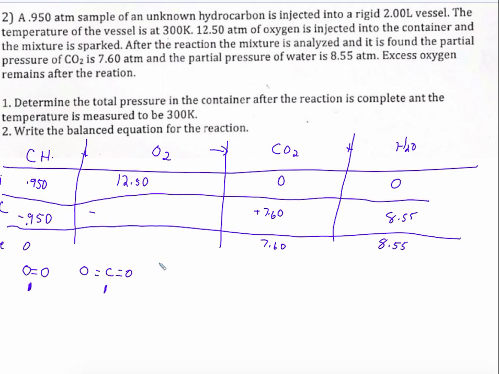So I got 7.6 atmospheres of CO2. So for every 1 atmosphere of O2 that reacts, you get 1 atmosphere of CO2. And so to make that 7.60, you're going to need 7.6 atmospheres of O2. So we know that this is going to go down by minus 7.60.